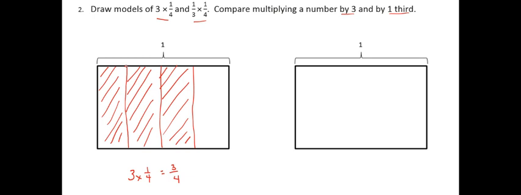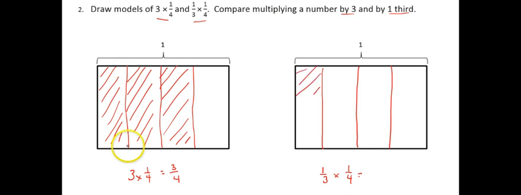Well, that's different than 1/3 times 1/4. We still start with our fourths. I shade in 1/4, and I need 1/3 of that piece. So this is my 1/4. I need a third of this piece, which means I need to divide it into thirds.